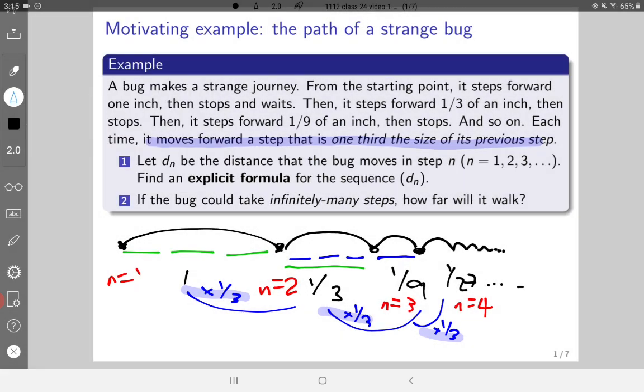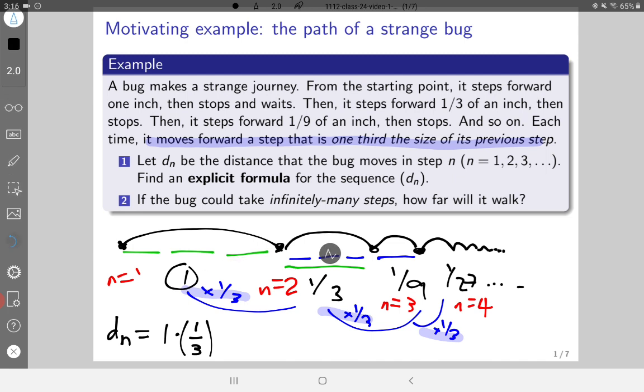So because the first step was size 1, what I'm getting is a sequence where the nth step is 1 times 1/3 a whole bunch of times. How many times do I multiply by 1/3? Well, in the first step, when n is 1, I didn't third anything yet. I didn't cut the step size down by a factor of 3 yet. In the second step, when n is 2, that's the first time I cut it down by 1/3.